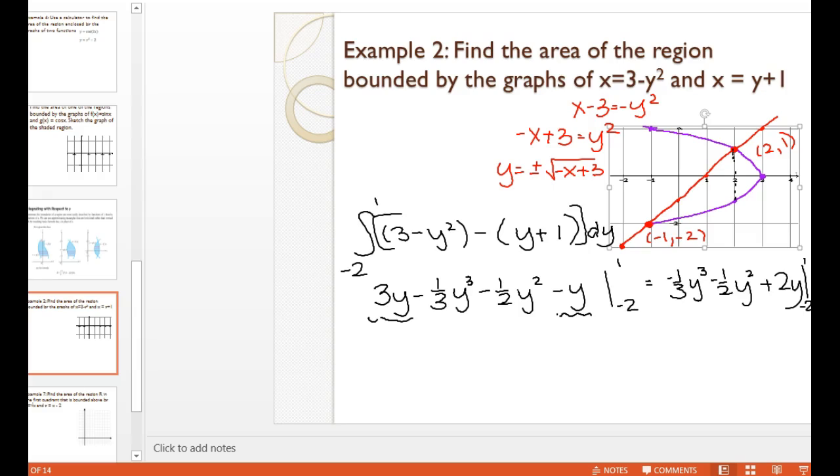Yes? Can you explain again why the red graph is the other way? What do you mean? Like why the slope is the way the slope is, or why it's the left function? Well, yeah. Why is it just the opposite slope?